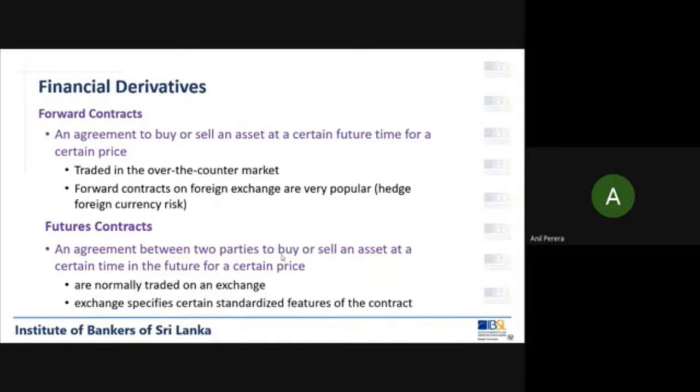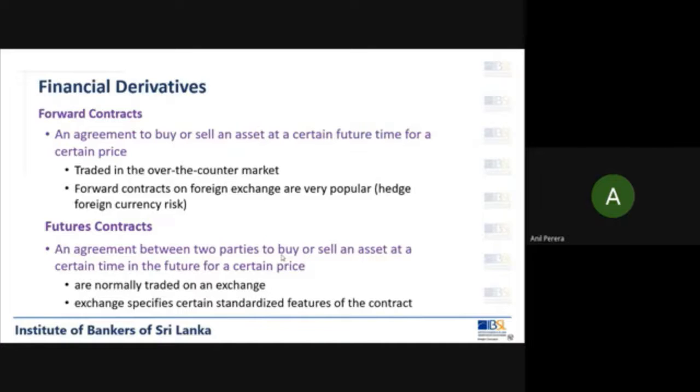And this is very helpful for people who are importing, and people who are basically selling financial assets. It's very important. Now, this could also be used in a domestic setup. For example, you can use this for agriculture products. For paddy, you can have a forward contract. Actually, in Sri Lanka, there was a program in the past, forward contracts for paddy prices.